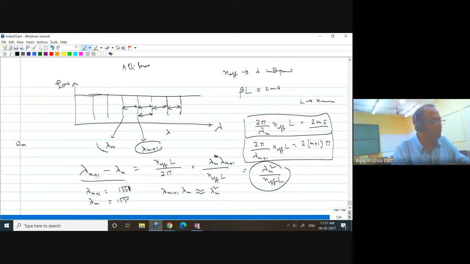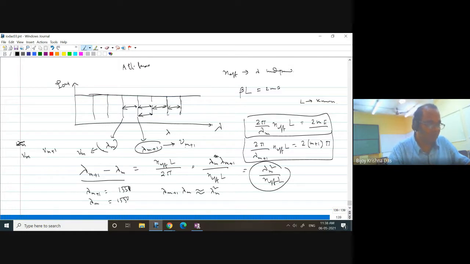Next question. Suppose you are calculating the corresponding angular frequency, or maybe the corresponding linear frequency, nu m and nu m plus 1. Which one will be higher? Lambda m plus 1 is longer.